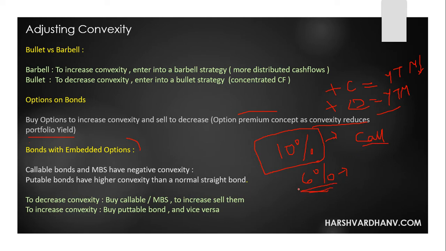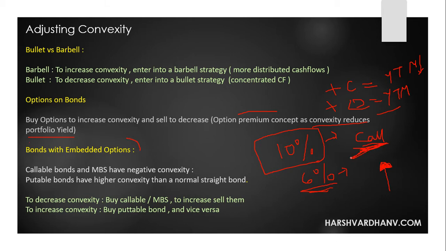Simple. But if you see over here, when the interest rates were falling, the prices were moving up. The prices could have moved more on the upside had the bond not been called.